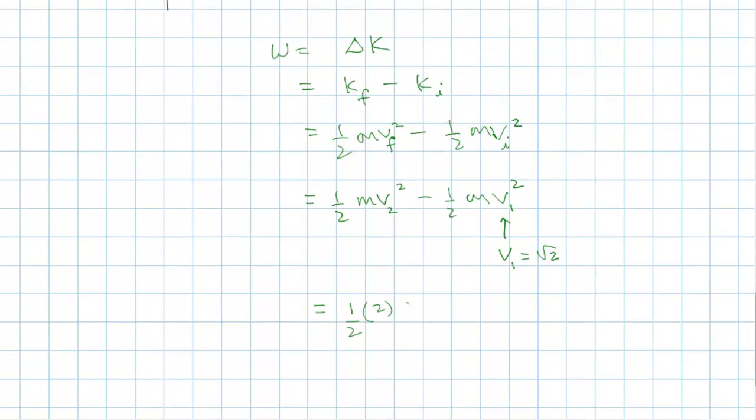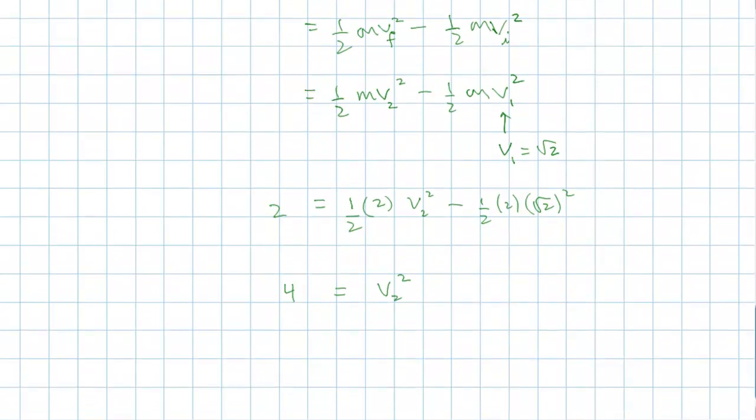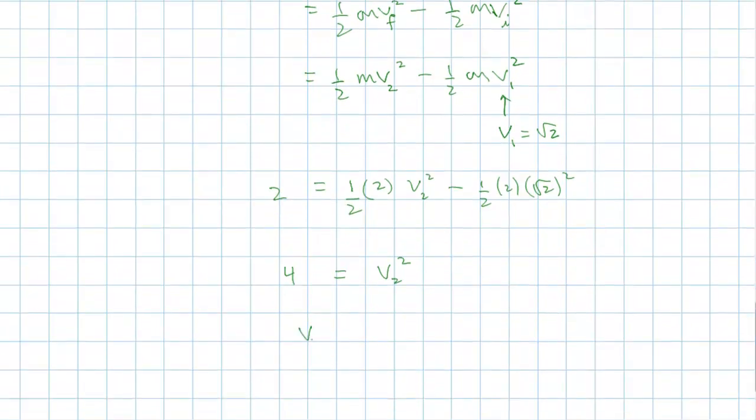So 1/2 times the mass times v at x equals 2 squared, minus 1/2 times the mass times the square root of 2 squared, has to equal 2 joules. And now our velocity is going to be 2.